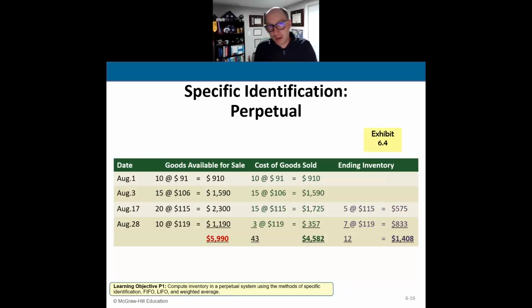The first one we're looking at is called specific identification. Earlier, I had mentioned that with larger pieces of inventory like an automobile, there's typically a vehicle identification number or VIN or a serial number associated with the product.